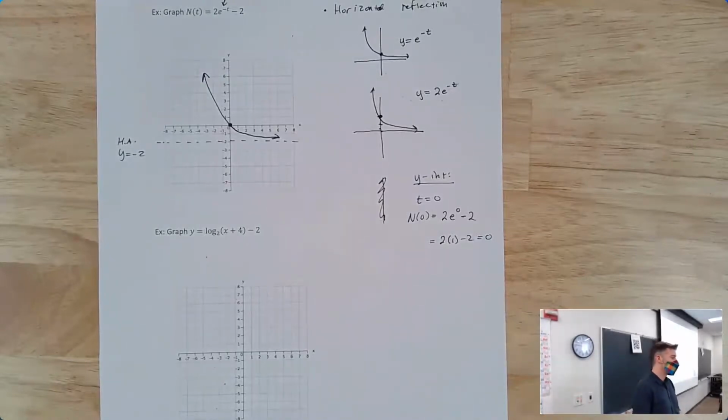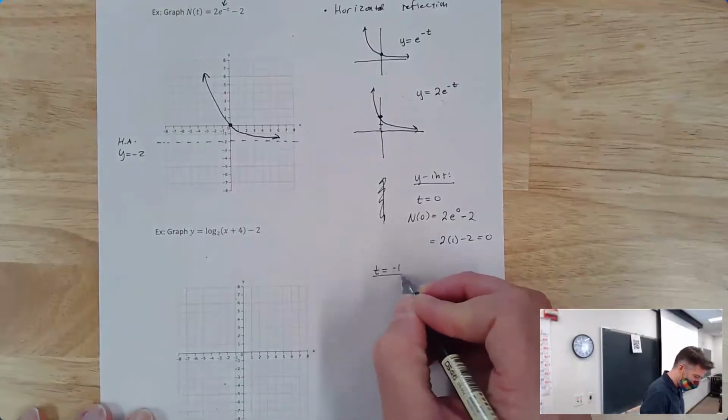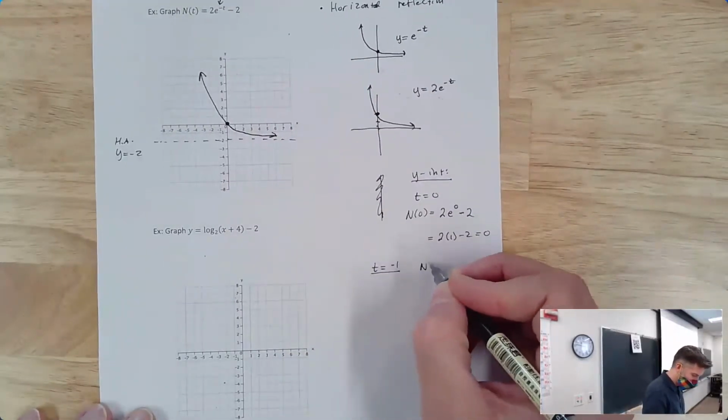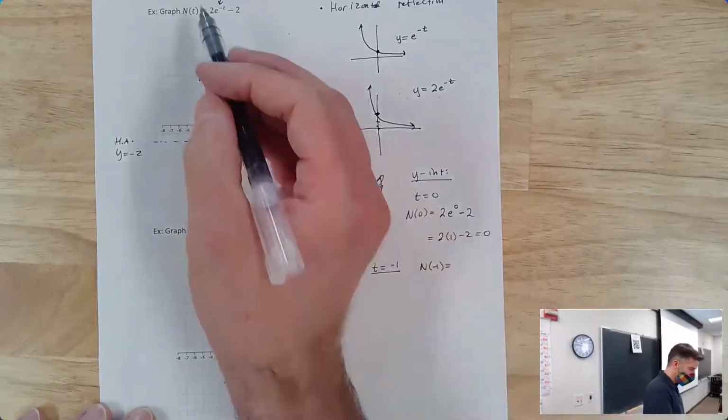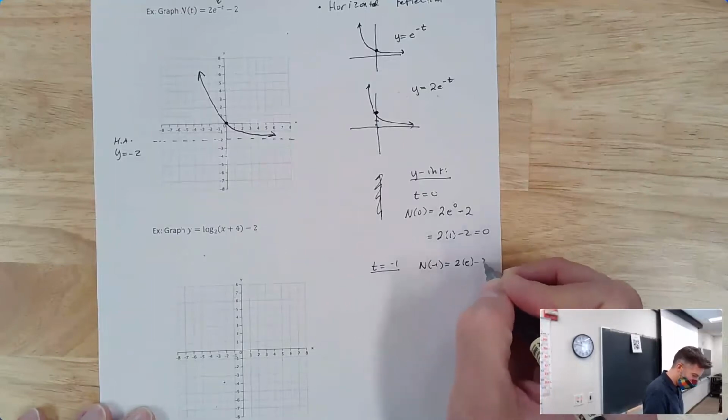So if you wanted to draw this graph very accurately, here's what I would probably do. I would probably plot another point. So if I wanted to make this more accurate, and this is where things are terrible if your base is e, you'd be like, well, James, what if you plugged in t equals -1? If t equals -1, then n of -1 is going to be 2 times e to the first minus 2.